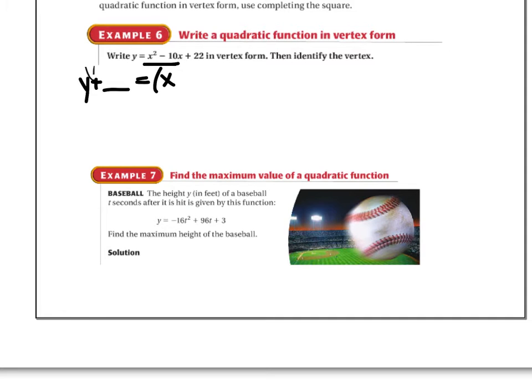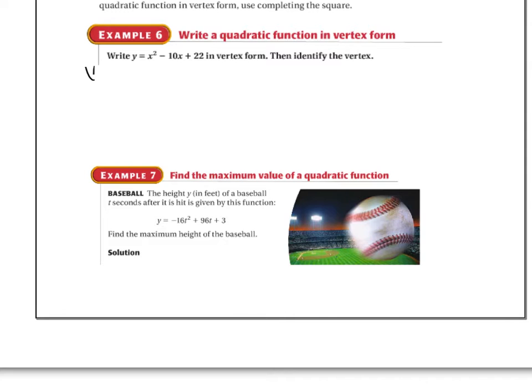And I'm going to write this as the start of my perfect square trinomial, knowing that I'm going to put some letter c in there. And I'm going to leave the 22 on this side for now. All right, so the only thing I did was get ready to add the number that will complete this trinomial and make it a perfect square.